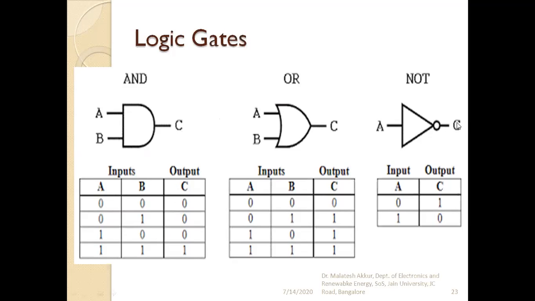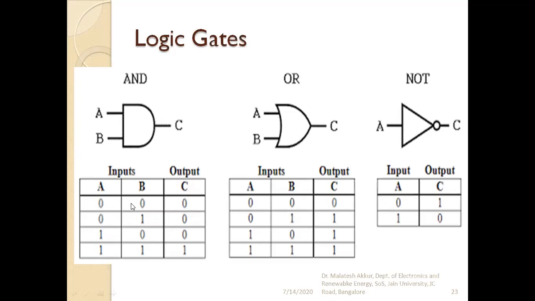For the NOT gate, Y is equal to the complement of A. That is A complement, otherwise we call it A dash. For the NAND gate, as I said, Y is equal to A dot B, complemented.